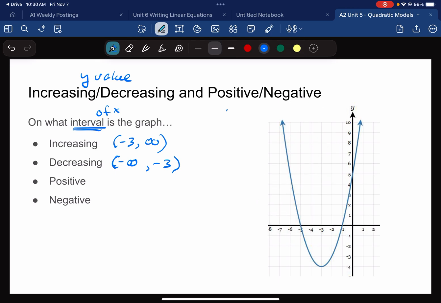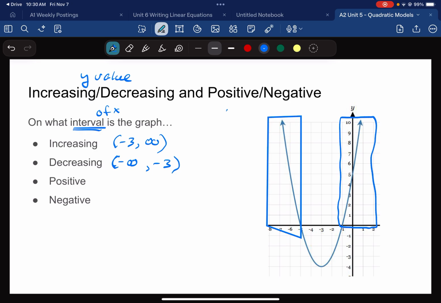The graph is positive in this section right here, right? So that's where the graph is positive, but it's also positive over here on the graph, right? And then where's it negative? Well, the y values are negative down here.